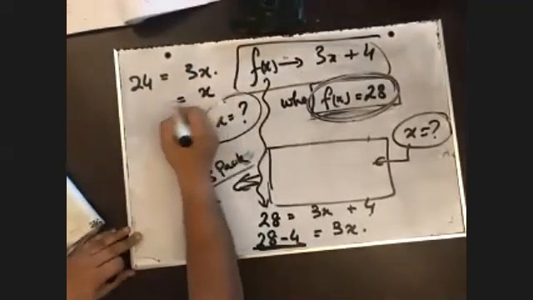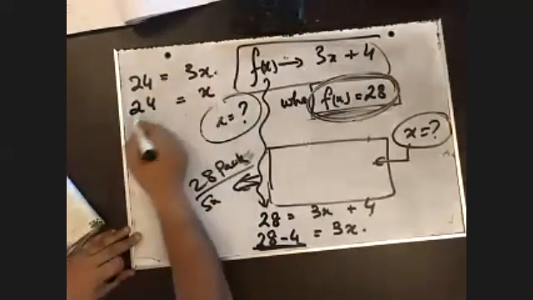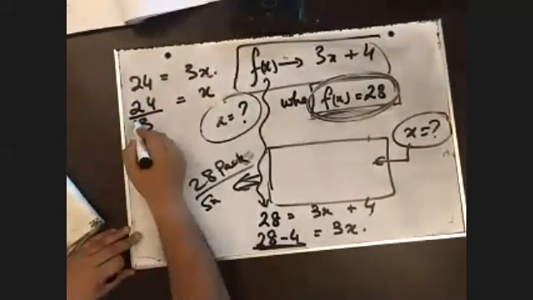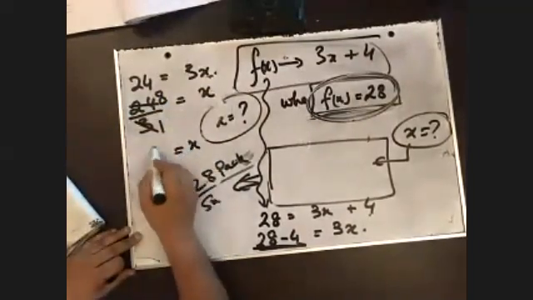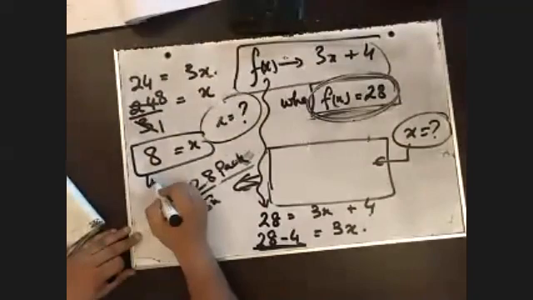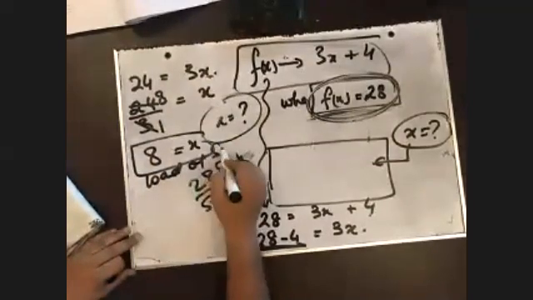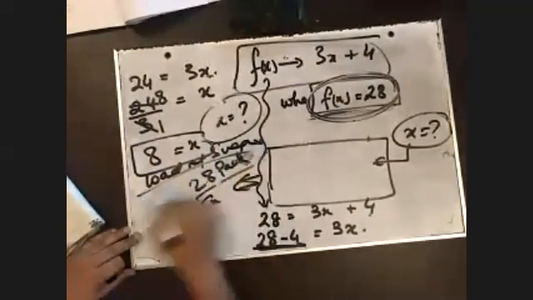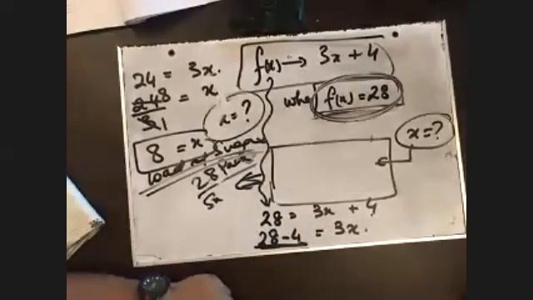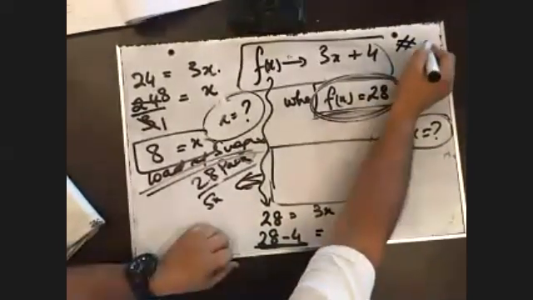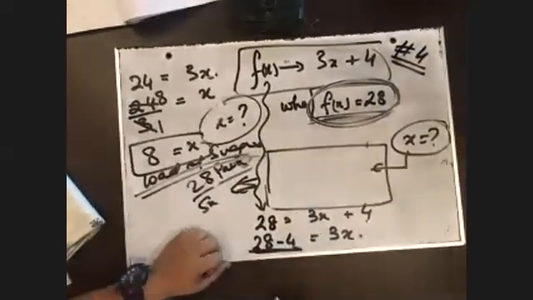Therefore, x is equal to 24 divided by 3, 3 8s are 24. Congratulations. You put in 8 loads of sugar. Got the game? Yes, sir. Brilliant. Nike says just do it. This is board number 4 for today.